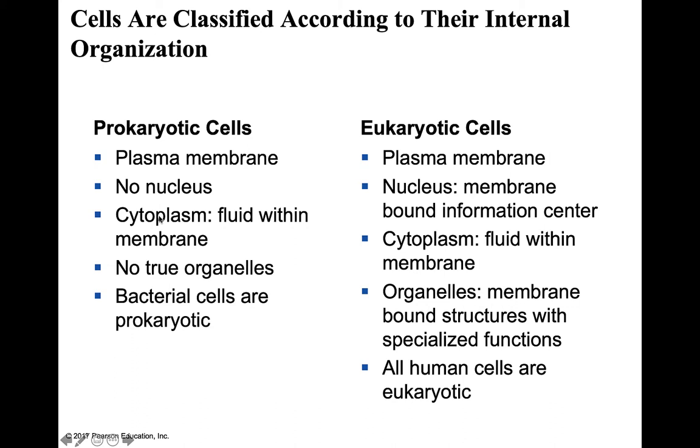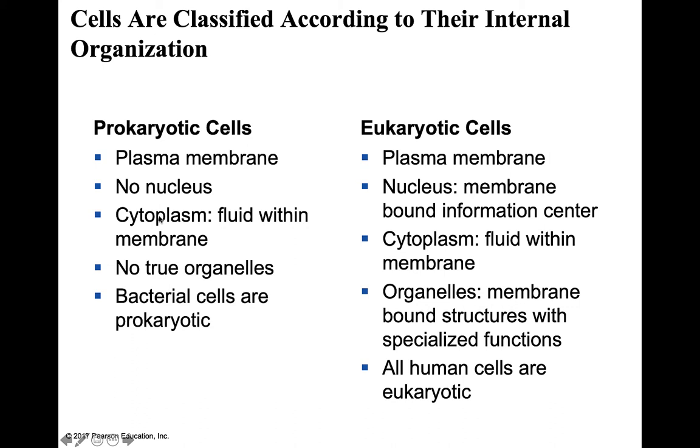They have a plasma membrane. An important difference is prokaryotic cells do not have a nucleus. They do have cytoplasm, and that is fluid within the membrane. And also, prokaryotic cells do not have true organelles. A really good example of prokaryotic cells are bacterial cells.